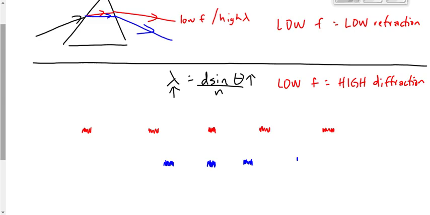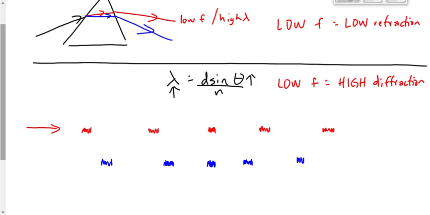The second order maximum also has a smaller angle than for red. So, low frequencies, i.e. red, refract less. Low frequencies diffract more.